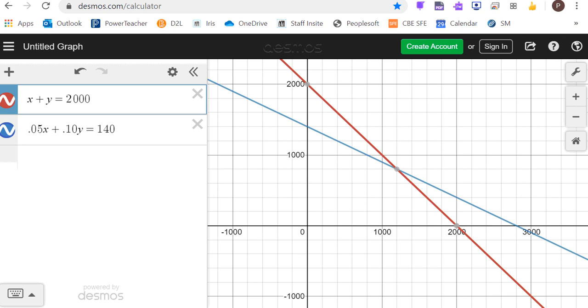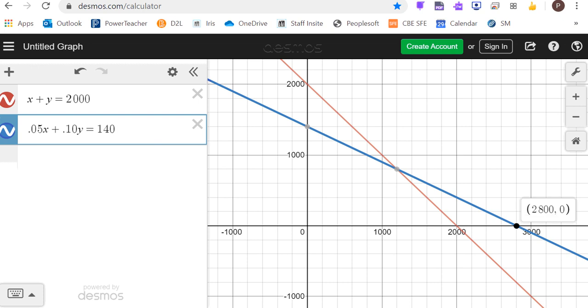Right here, I could have 400 cans and 1,600 bottles, but because it's not intersecting that blue line, it's not going to total to $140, because this blue line is representing the money side of things. And its y-intercept is saying, over here we said if I give you 0 cans and 1,400 bottles, you can get $140.